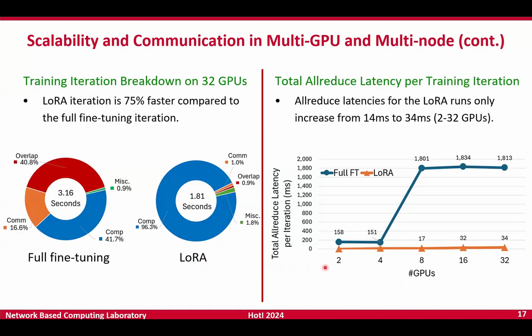On the right, the figure shows the total all-reduce latency per training iteration. First we can see the latency for LoRA is constant from 2 GPUs to 32 GPUs, but for full fine-tuning, there is a jump from 4 GPUs to 8 GPUs.